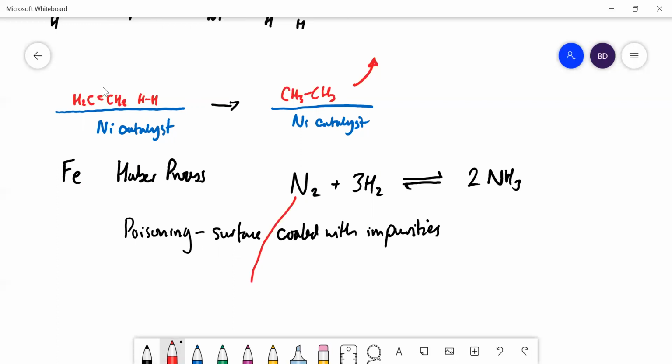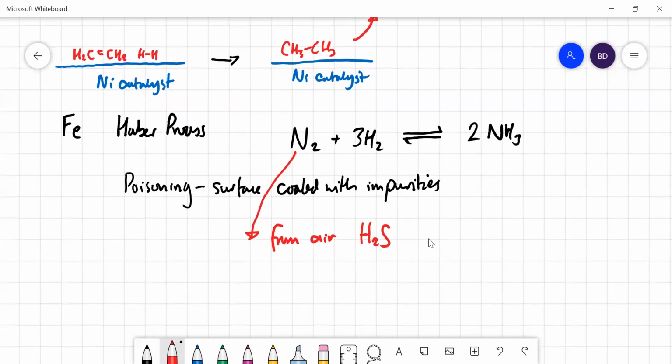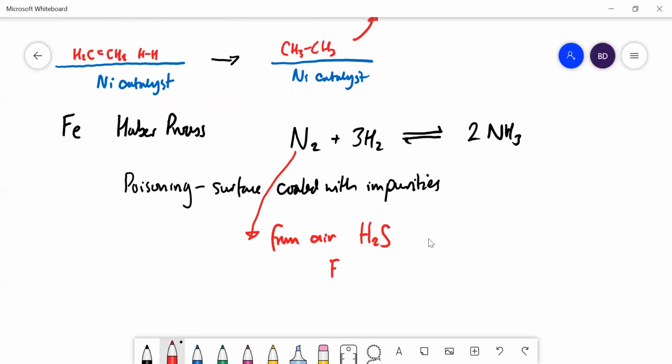The nitrogen comes from air, and air quite often contains very, very small amounts of hydrogen sulfide. And hydrogen sulfide will react with iron to form iron sulfide. So Fe plus H2S goes to FeS and hydrogen gas, and unfortunately if FeS builds up on the surface of the iron, it prevents it from acting as a catalyst.